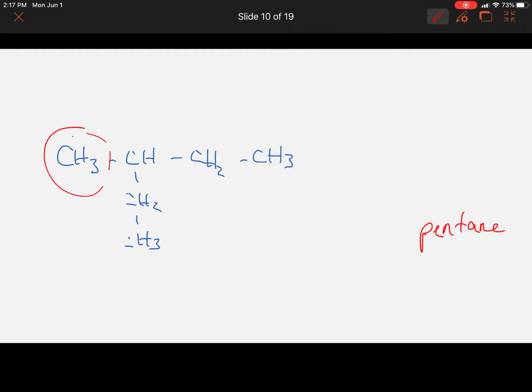I'm going to start numbering here: 1, 2, 3, 4, 5. That's a 3 there. This is a methyl group, again one carbon there. So the name of this molecule is 3-methylpentane.